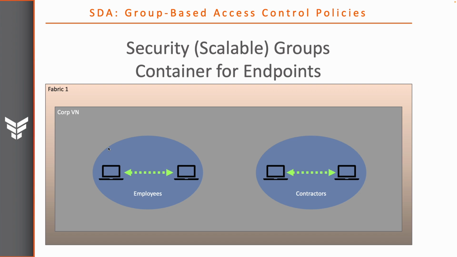Within our SGT, all endpoints are going to, by default, have full access to each other. And within our virtual network, all of the SGTs within that virtual network are going to have full access to each other as well. This is the default behavior for SD access.